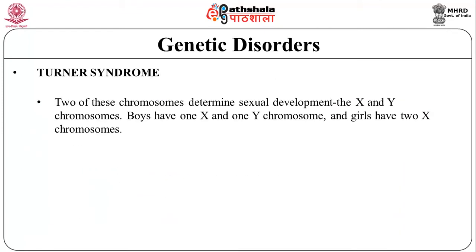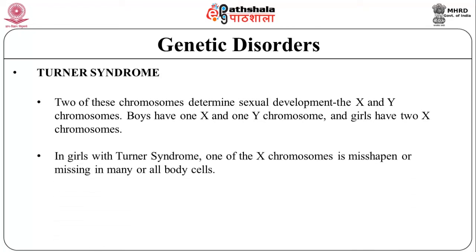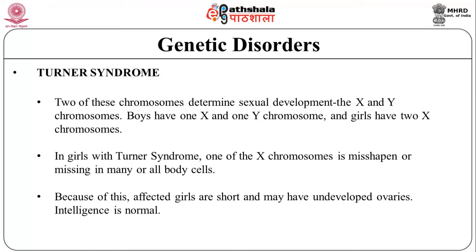Two of these chromosomes determine sexual development, the X and Y chromosome. Boys have one X and one Y chromosome and girls have two X chromosomes. In girls with Turner syndrome, one of the X chromosomes is misshapen or missing in many or all body cells. Because of this, affected girls are short and may have underdeveloped ovaries.